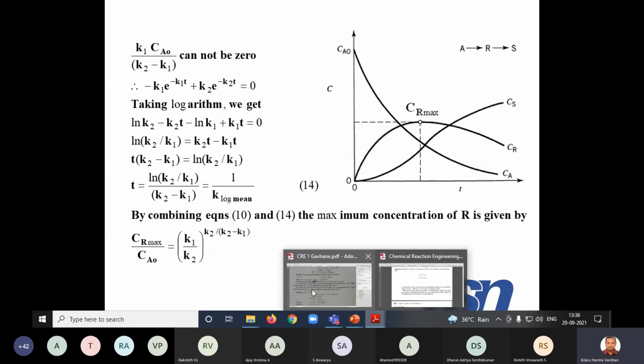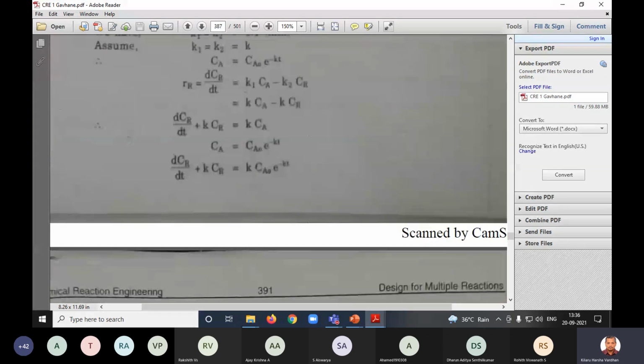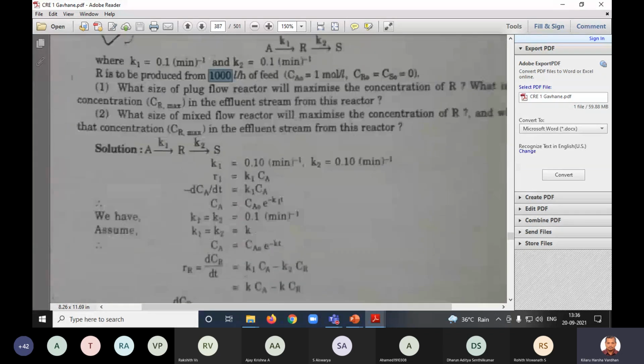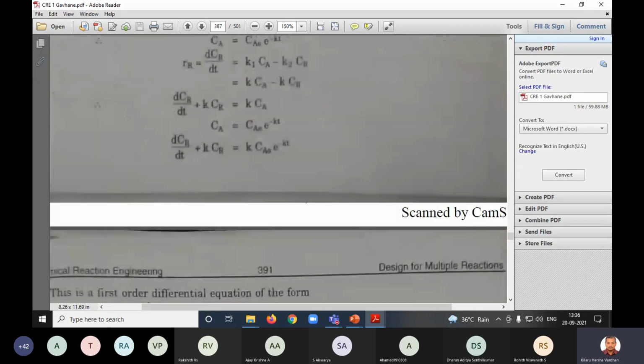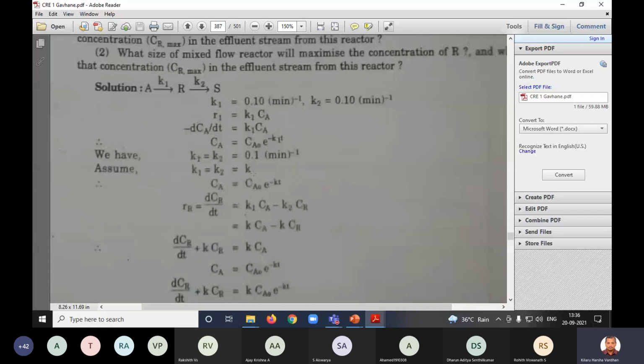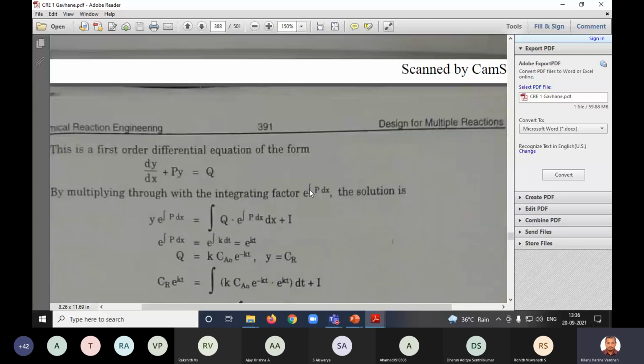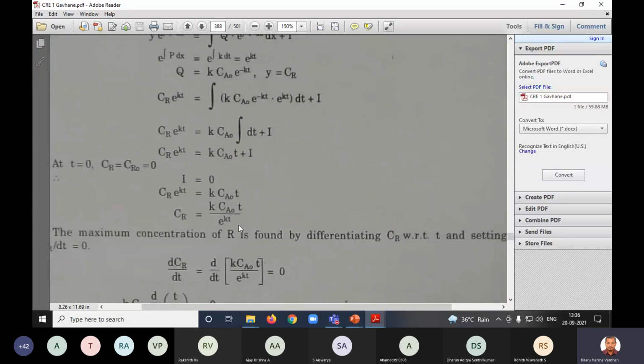So what you have to do is go for a derivation, because they will ask for 12 marks, as the earlier Anna University pattern is 12 marks. Now I think they will ask for 10 marks. For that, you need to derive for a plug flow reactor. This is the same derivation which we already discussed.